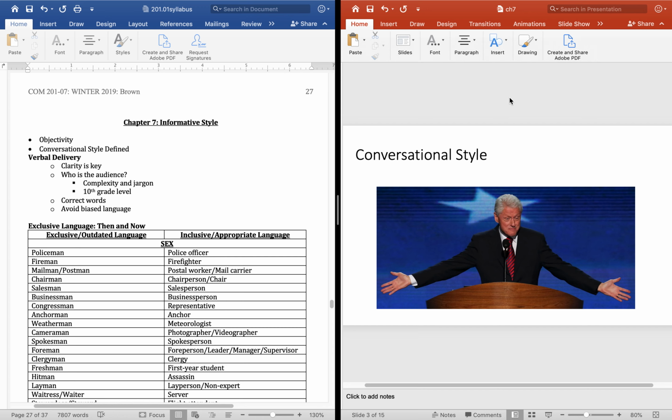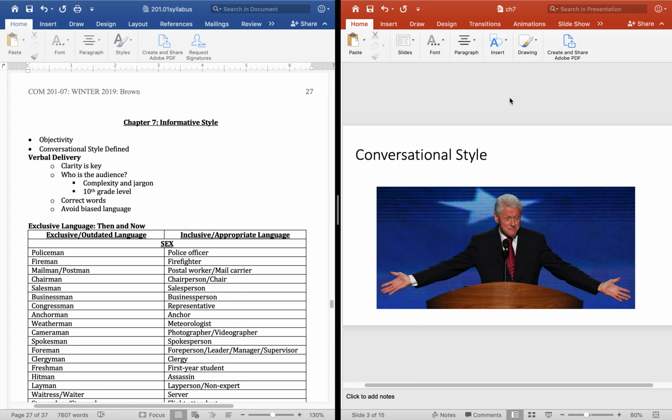It feels like, and you've seen this happen in a presentation, the speaker is talking to you or with you instead of talking at you, and there's a big difference there. And so try to find that conversational style, especially for an audience of less than 100 people, and that's the majority of all speeches you'll ever give, if not all of them.